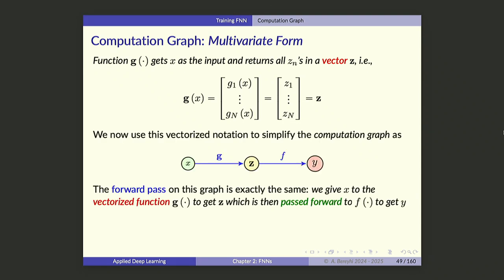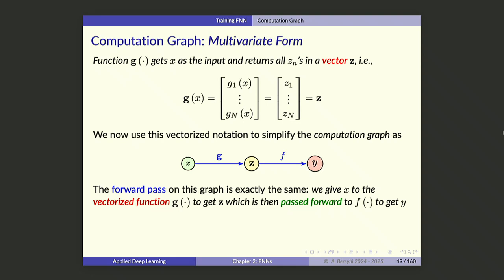And then my computation network can again be shown compactly. So x goes through some vectorized function g, and then gives me the vector z, and z passes through another function f, and gives me y.